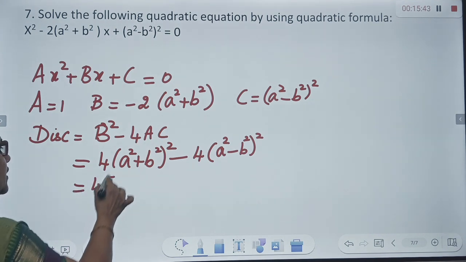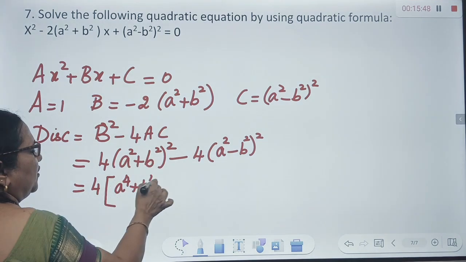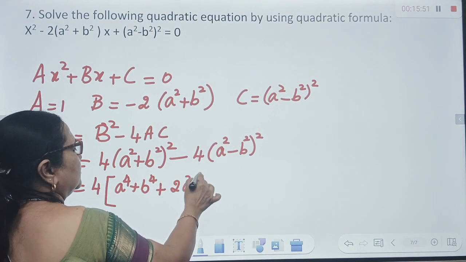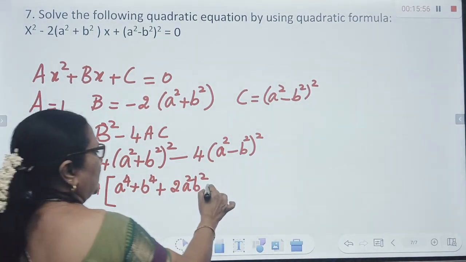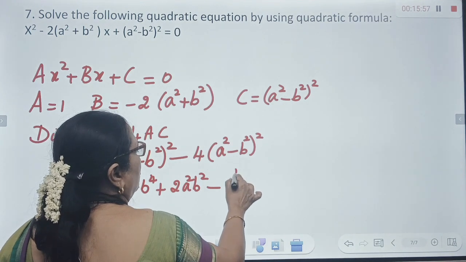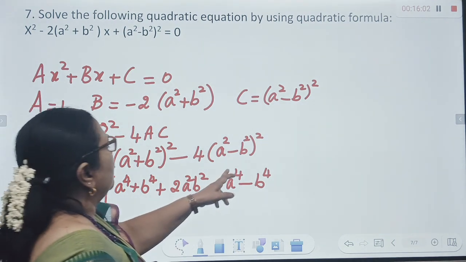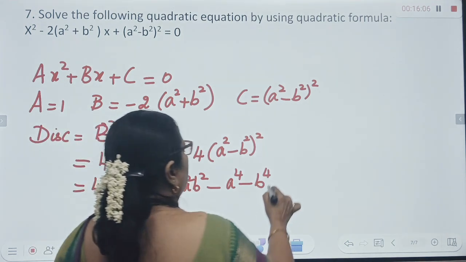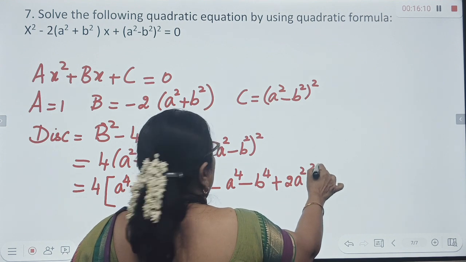Okay, then what will I get? a power 4 plus b power 4 plus 2a square b square. This one I have taken out 4 as common, so minus a power 4 minus b power 4. This will have what? Minus 2a square b square. So minus into minus plus 2a square b square.